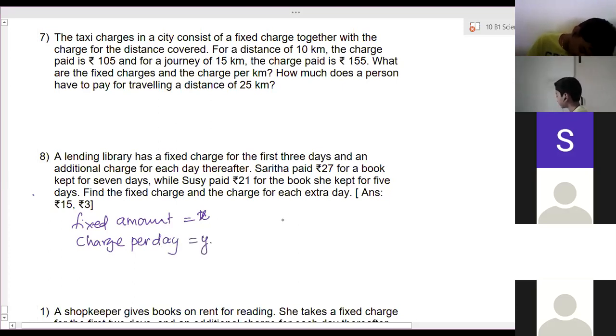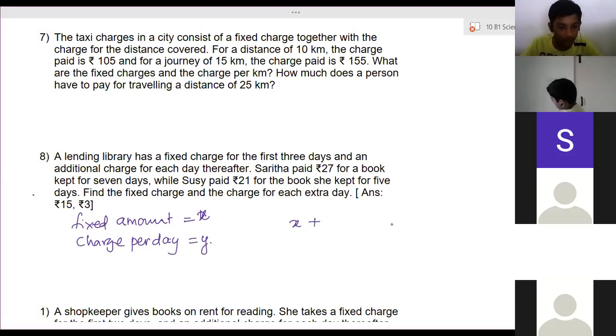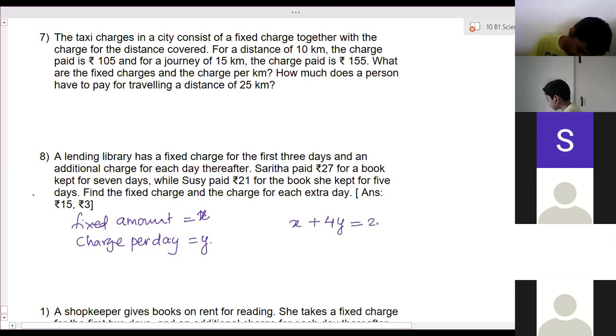So Sarita's condition, case 1: the fixed amount for the first 3 days is x, and how many days are left out? 4 days. So the cost for 4 days is 4y. Total is 27 rupees. We are not considering 7y, we are considering 4y, because the first 3 days are x rupees.